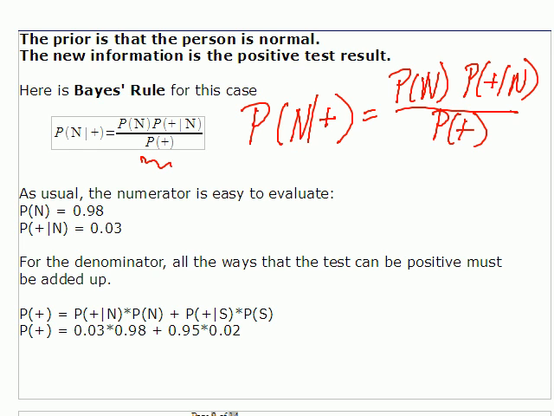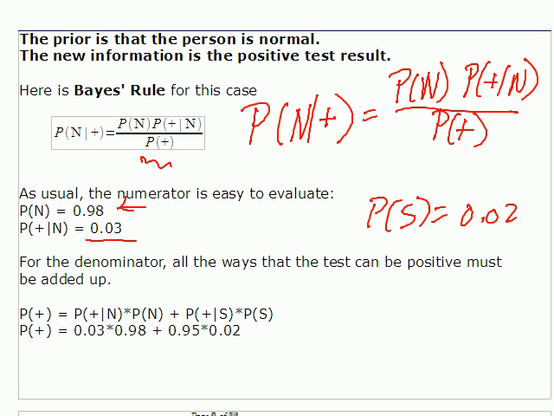And as usual, the numerator is easy to evaluate. The probability that the person is normal, 0.98, because the probability of schizophrenia was 0.02. The probability a normal person would have a positive test result is 0.03. We knew that from data about the test.